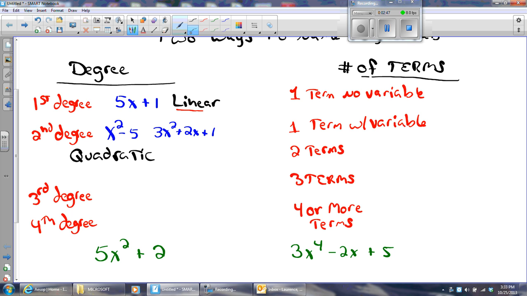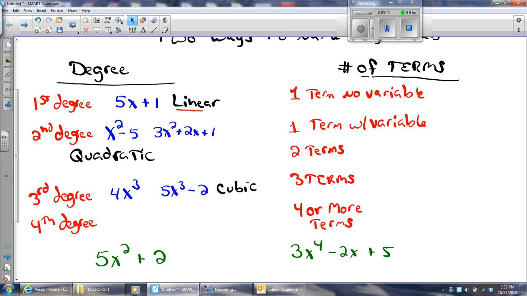All right, here we go. Third degree. If you had 4x cubed, or maybe 5x cubed minus 2, those are said to be cubic. Now the fourth degree ones: fourth degree is when the highest power is 4.